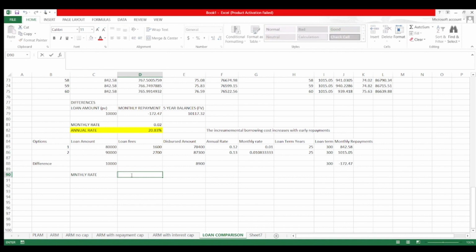So to do that, we simply take the formula is equals to rate, number of periods, then the payments, then the present value. And then we also need to multiply this by 12 to get the annual rate.